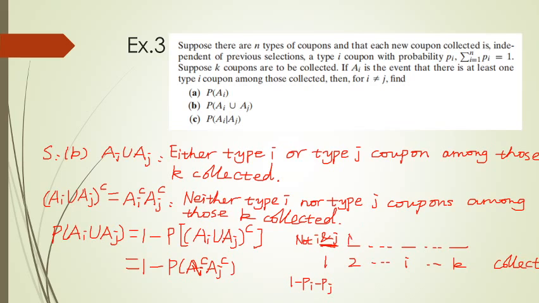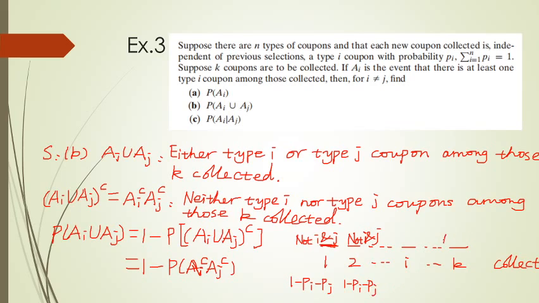And then the second time when you collect the coupon, those are the K coupons you are going to collect. So the second time you are not going to choose I and J, right? So the probability you are going to choose the other n-2 will be 1 minus Pi minus Pj.